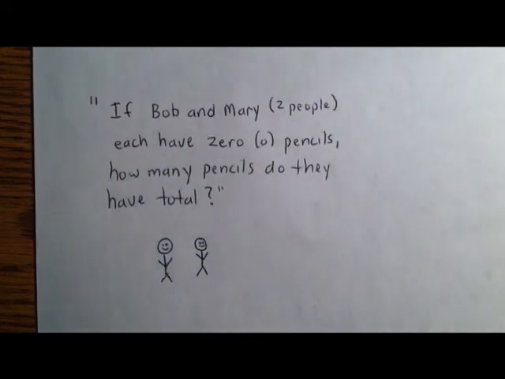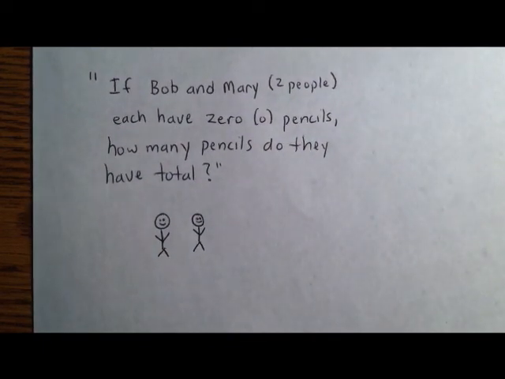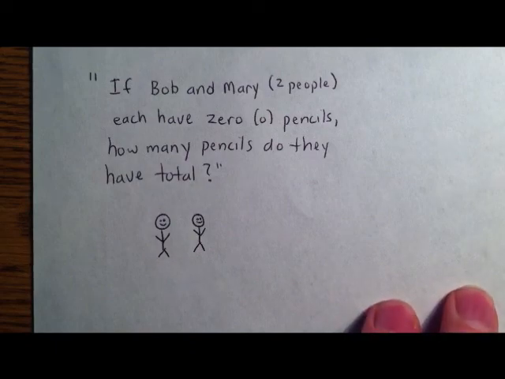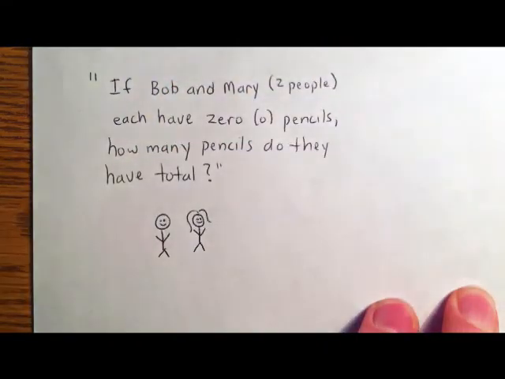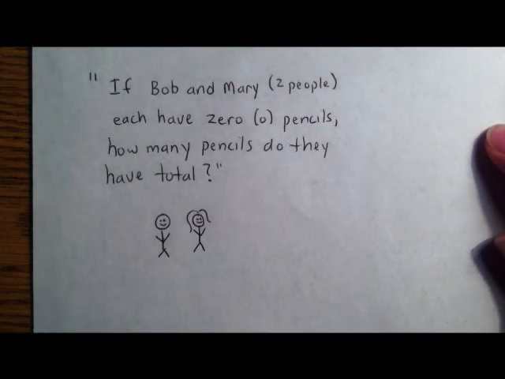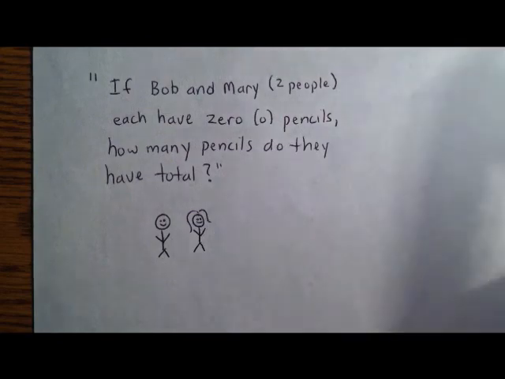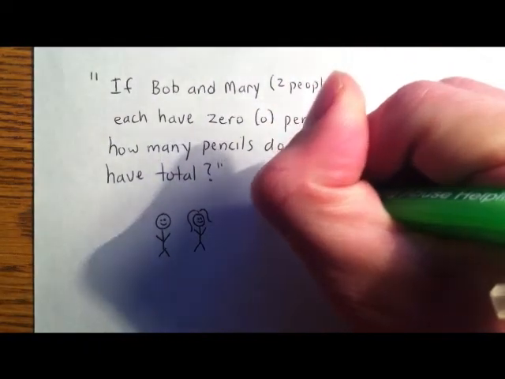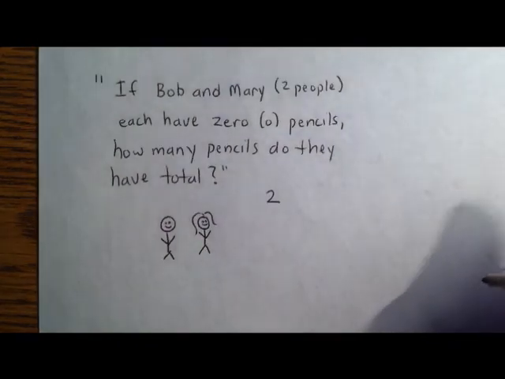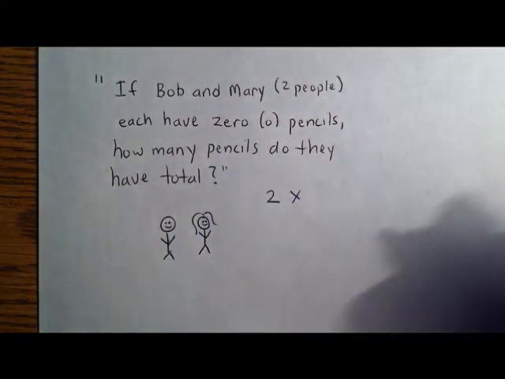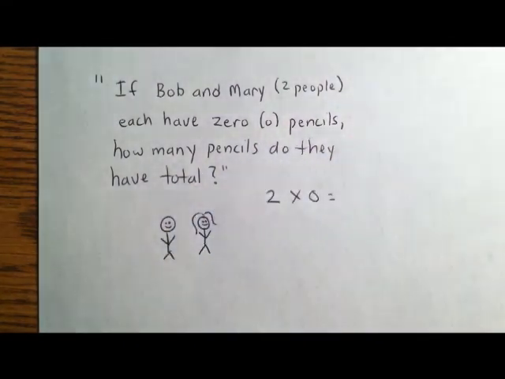I have a little story problem again that'll help you understand why anything times 0 is 0. Let's say I have Bob and Mary here. If Bob and Mary, 2 people, each have 0 pencils, how many pencils do they have total? This equation can be written as 2 for 2 people times 0 pencils equals.